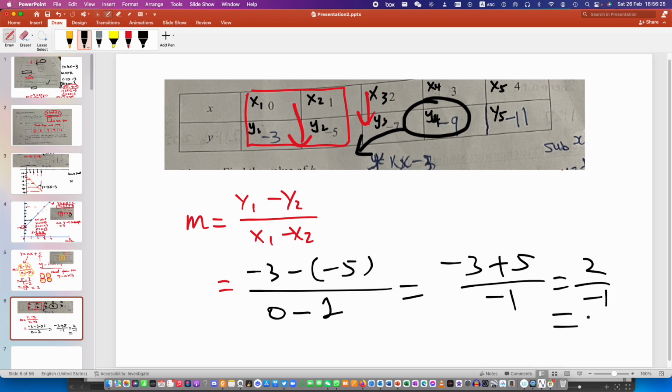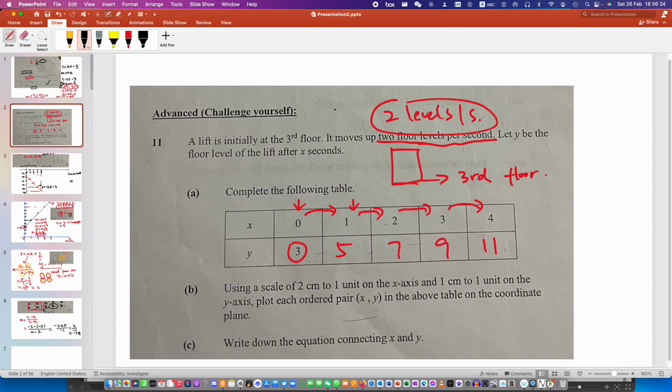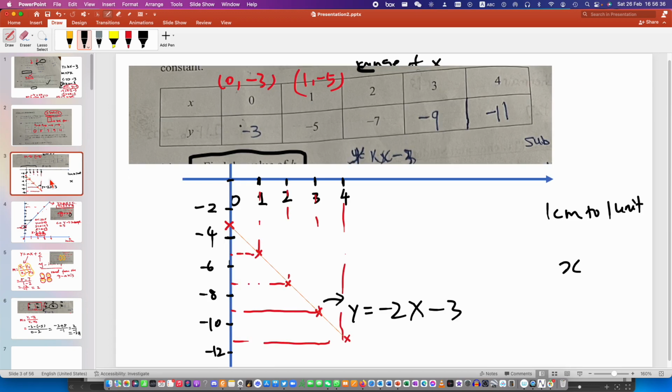Above, minus 3 minus minus 5 is 2. So, for this question, your gradient is minus 2. Go back to the question, not this question. Is k equal to minus 2 for this question? Check. Is it k equals minus 2? Yeah. Gradient minus 2? Yeah, so our gradient is minus 2.